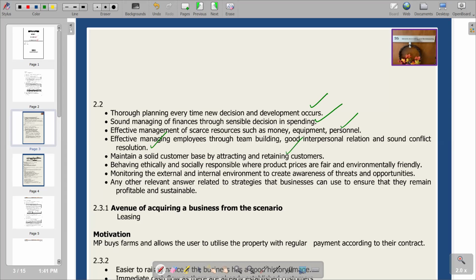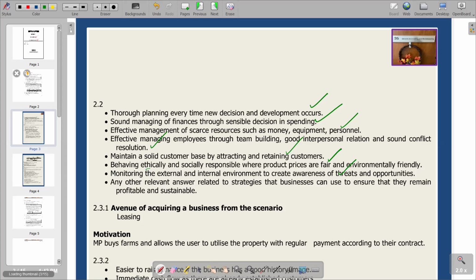Then we've got behaving ethically and in a socially responsible way. Remember, being ethical is being able to differentiate between what is good and what is wrong. Then the next one is monitoring the external and internal environment. Any other relevant answer can also be correct.